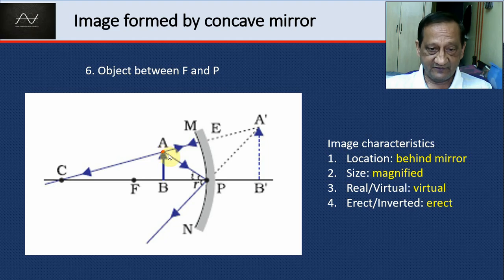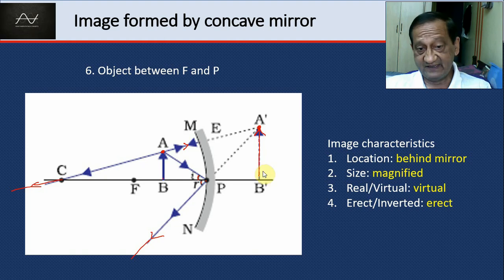I take a ray from A hitting the pole, it will obey the laws of reflection, go away like this. Another ray falling perpendicularly will retrace its path. Now, these two rays are diverging, they don't actually meet. They seem to be coming from the point A dashed, and the image of B will be on the principal axis. So this is now the image. For the first time, we are having an erect image and therefore a virtual image.